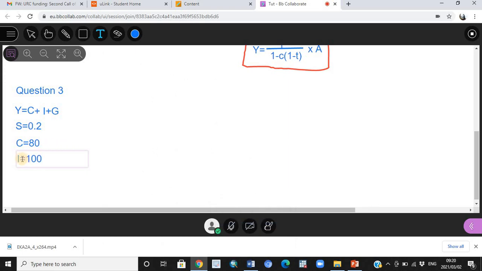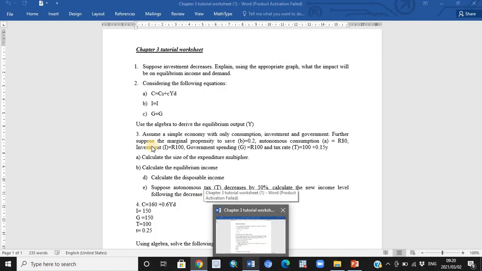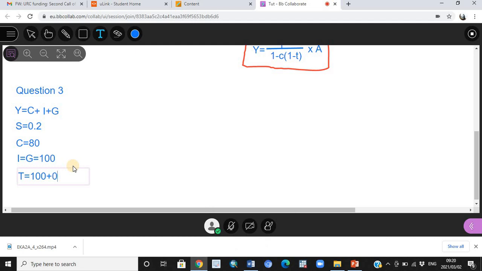I will say investment equals government spending equals 100. And tax equals 100 plus 0.15Y. So this is what we have.